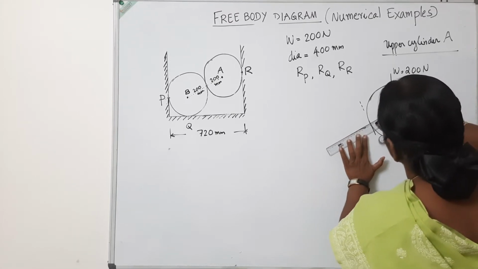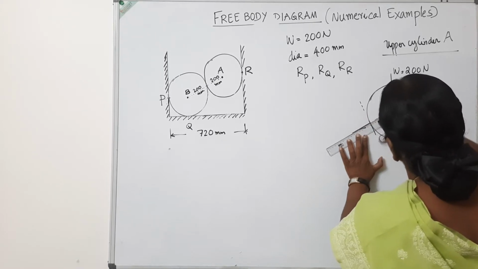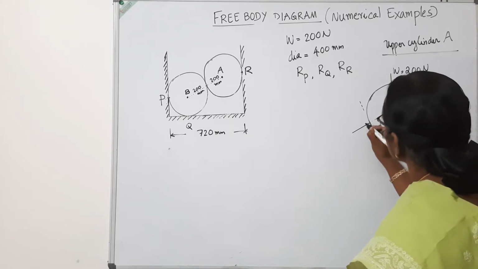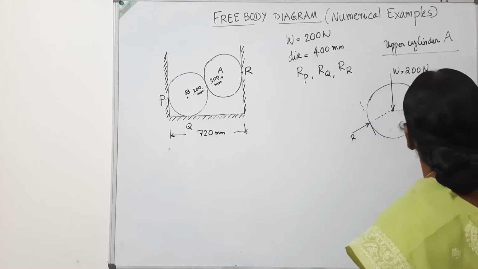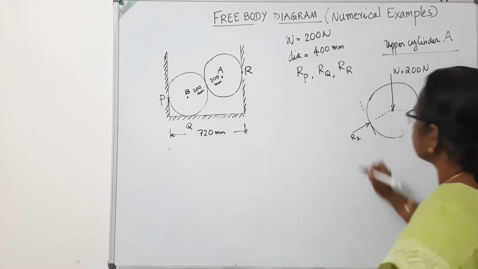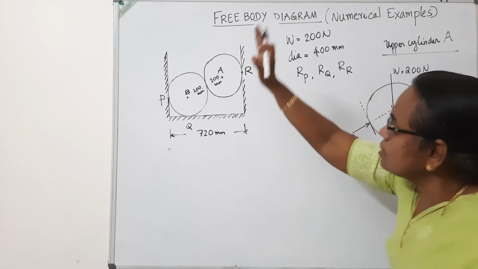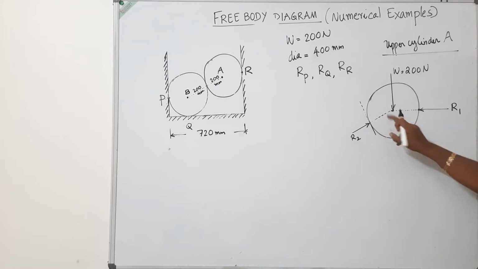This will be perpendicular to the surface. This will be RB, or I will make this as R1, this I will make it as R2. So R2 will be normal to the tangent to these two surfaces. That will be acting in this direction. So these are the three forces.